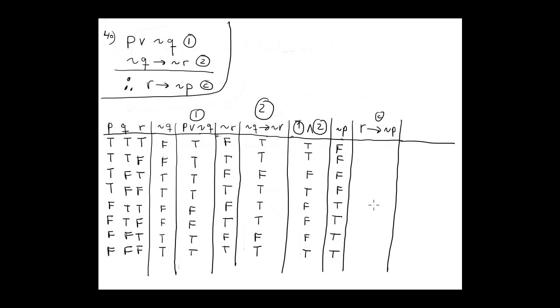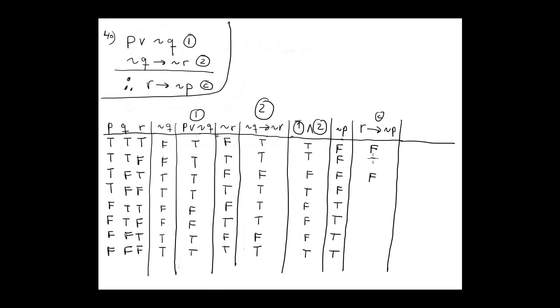So now let's see what happened. It is the conditional R, this, and negation P is this. Remember, this is false only when true and false. In this case, true and false is false. In this case, true and false is another false. And the third one, true and false is another false. Okay, let me finish.